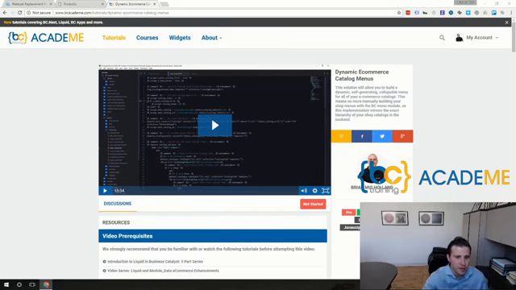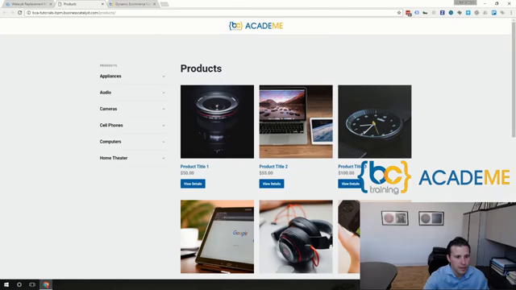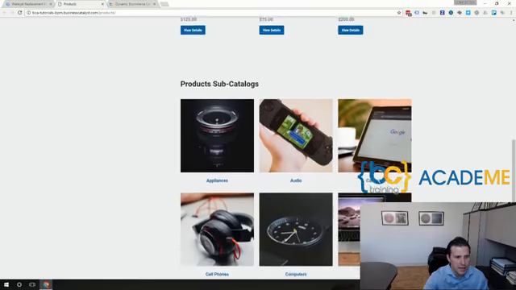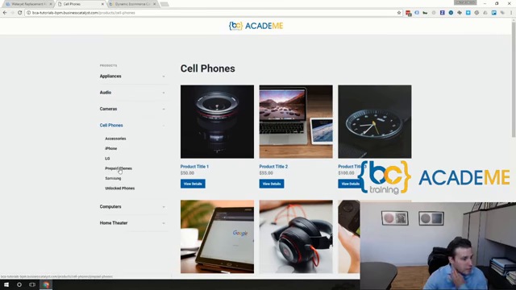So what are we talking about today? Well, we're talking about dynamic e-commerce catalog menus, which means that instead of having to manually output all the different menus of all the catalogs, we can do it dynamically, automatically, basically. So let's take a simple example. Here on a fictitious BC Academy website, we might have a catalog page, and on the left, want to have a breakdown of all the different catalogs and the subcatalogs underneath it, no matter what page you're on.